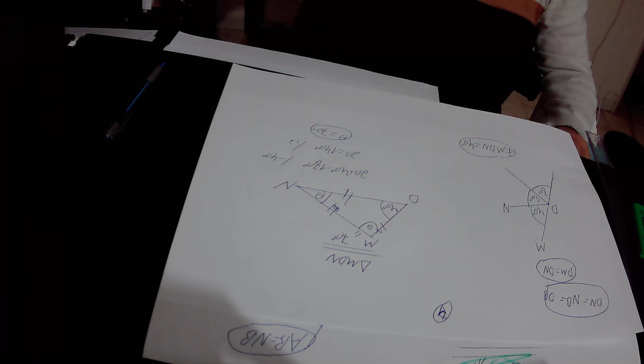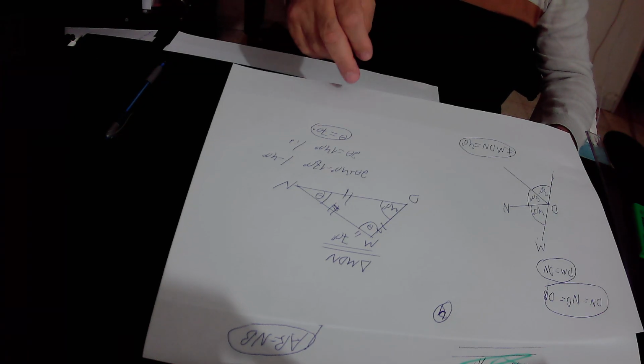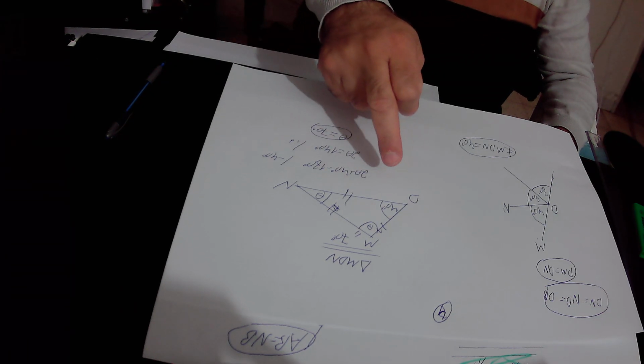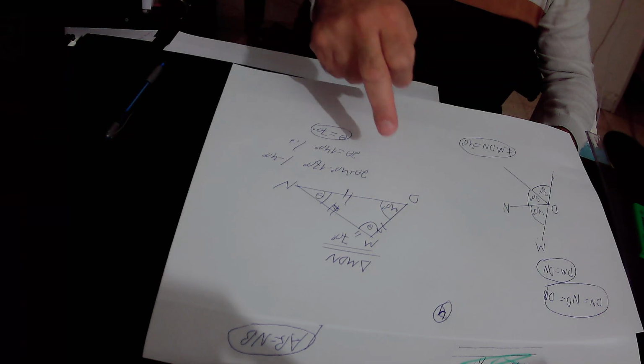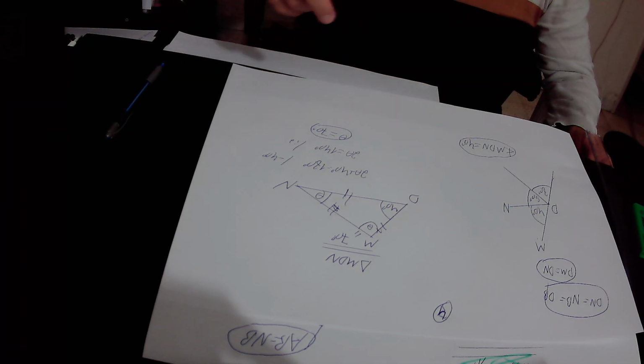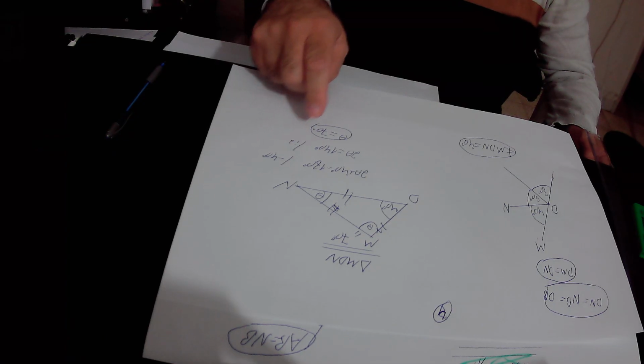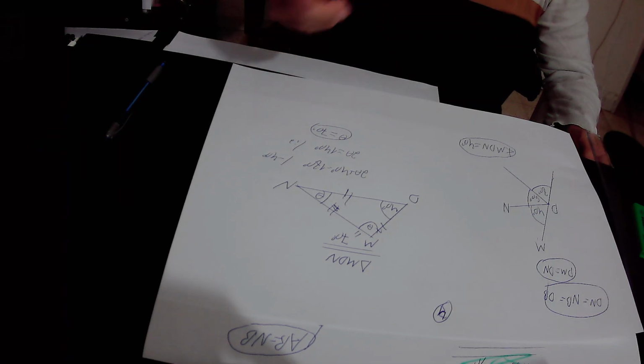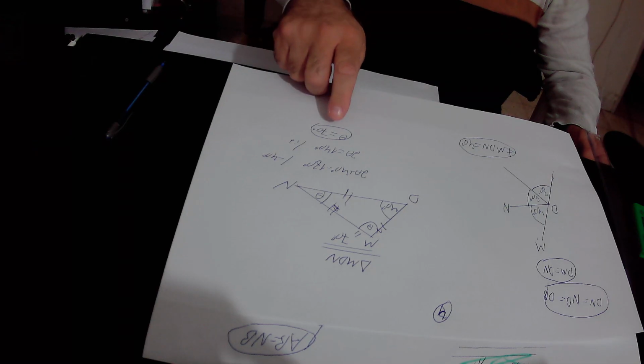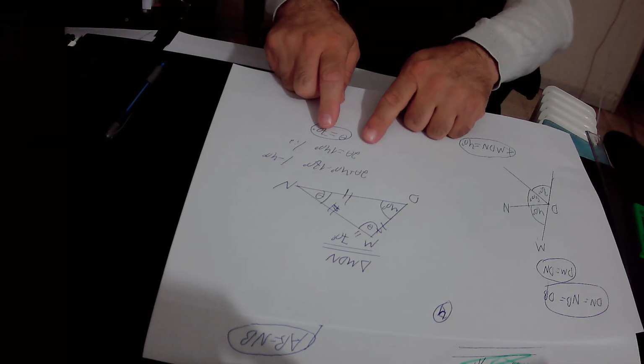The sum of the angles in triangle MDN must be equal to 180 degrees. That is to say, theta plus theta is 2 theta, so 2 theta plus 40 degrees must be equal to 180 degrees. We subtracted 40 degrees from this equation and found that 2 theta equals 180 minus 40, which is 140 degrees.